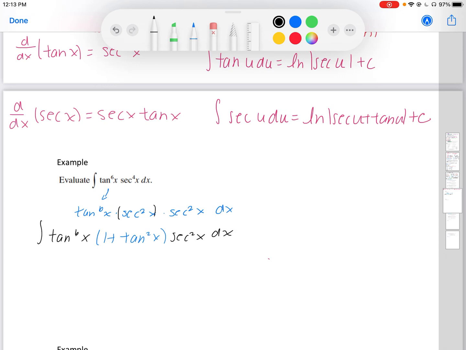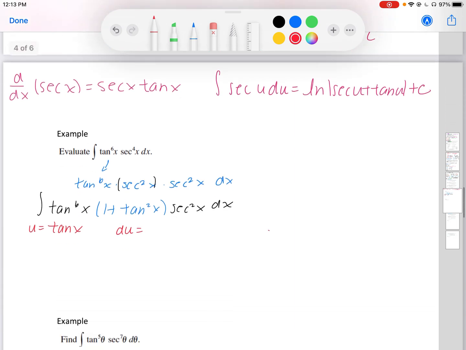Okay, now we can proceed using u substitution, where we let u equal tangent, and our derivative of tangent, as you said, is secant squared. Cool.